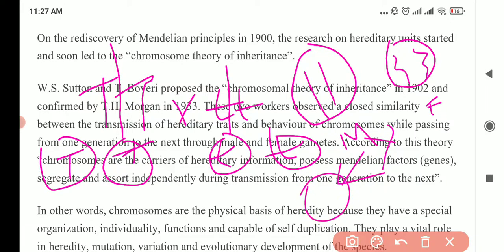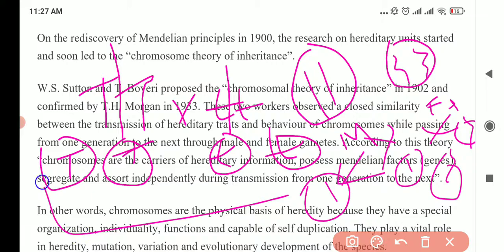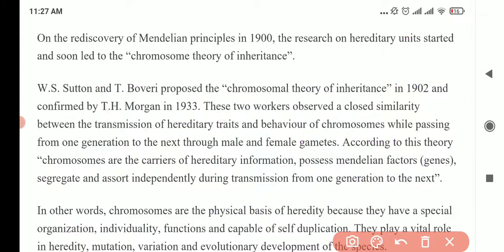We observe this is half. Sorry, not squiggly here, it's straight. And only one half of the chromosome went. And from the female, only one went in one cell, and this also went only half. So isn't it behaving exactly like how Mendel predicted? Let me draw again. So this is T, T, small t, small t.